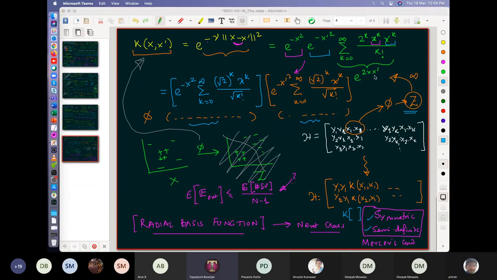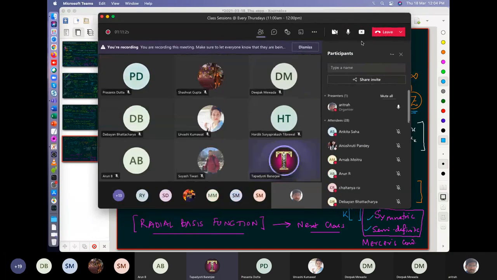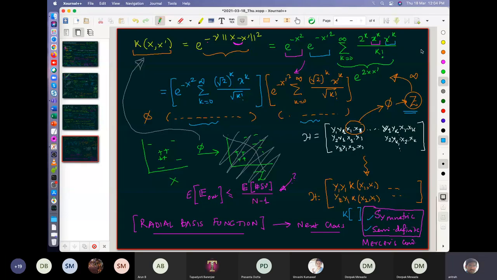If phi is infinite, it doesn't matter, because in support vector machines it only matters with the support vectors. That's why people mostly use infinite dimensional kernels, which has a name. It is called a radial basis function. It is very much used.